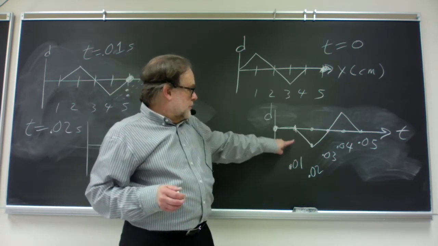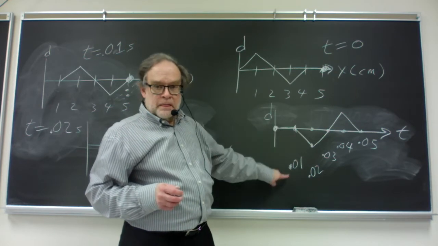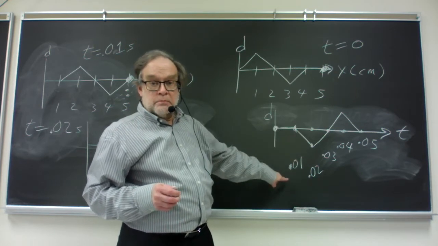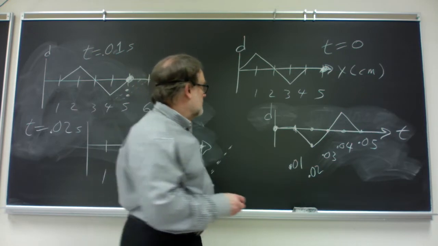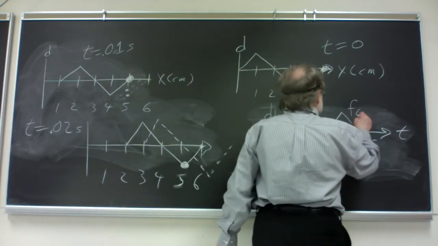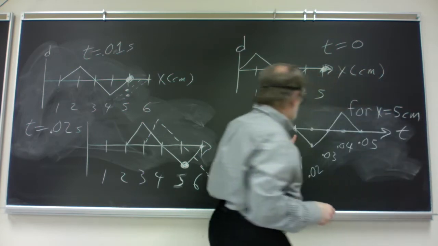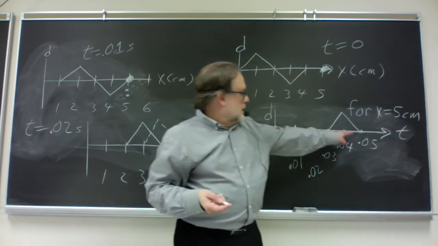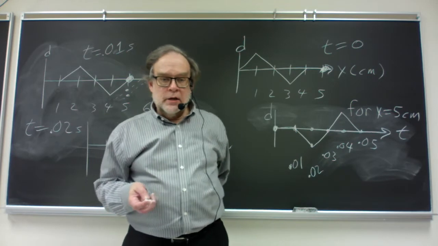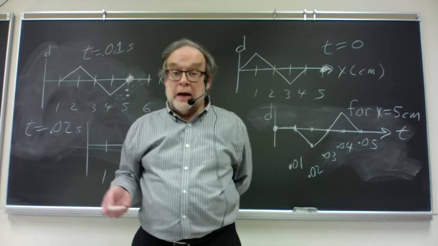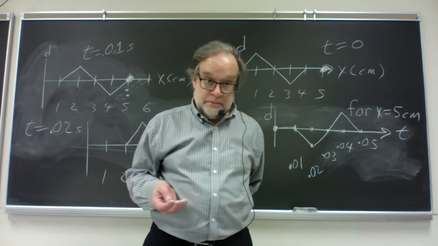According to the history graph, the front edge of the pulse arrives at the x equal 5 point at 1/100th of a second, and then the back end of the pulse passes by at 5/100ths of a second.